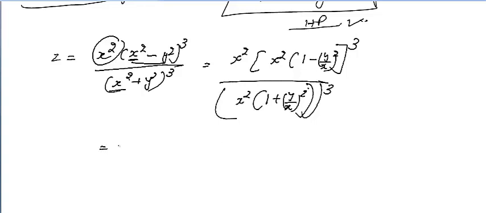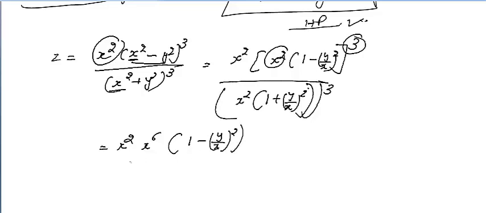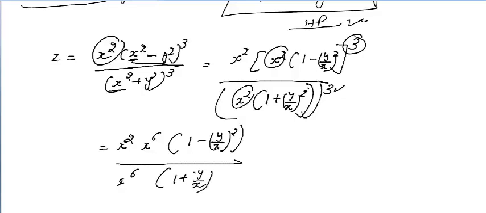So what you will get: x square raised to power 3, x raised to power 6, times 1 minus y over x raised to power 2. Correct? Now there is x raised to power 6 again, and you have 1 plus y over x raised to power 2.